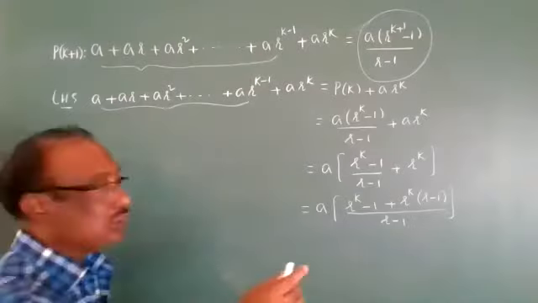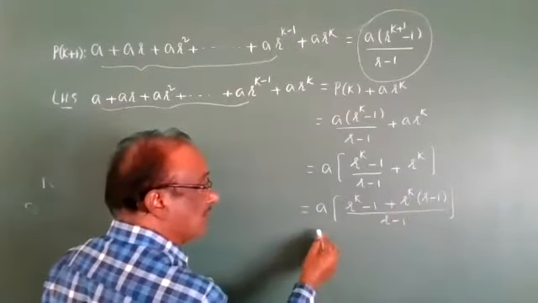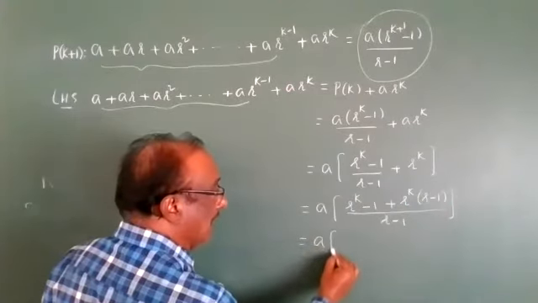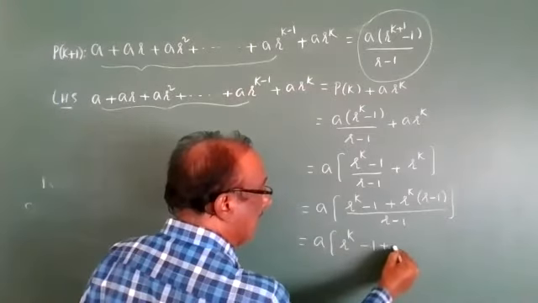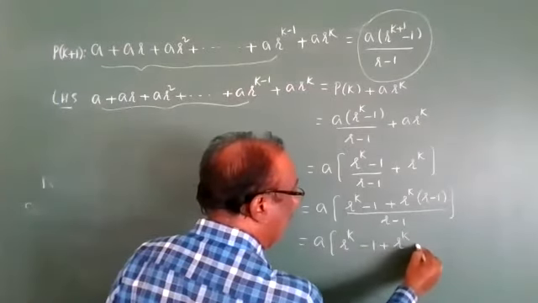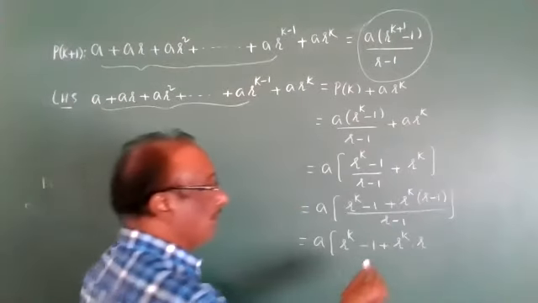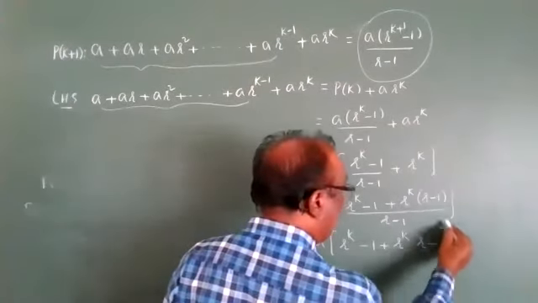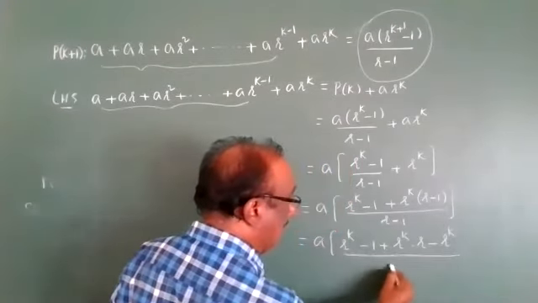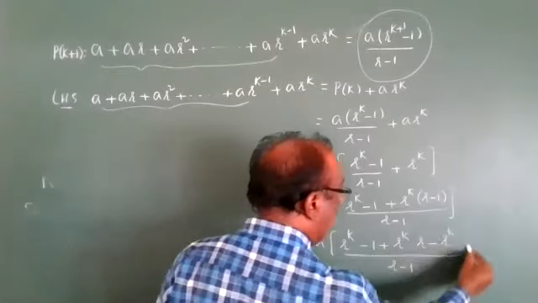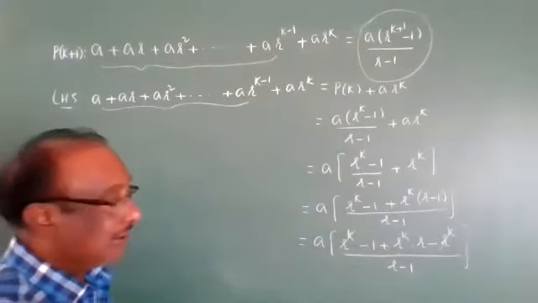Distribute r power of k for r and for minus 1 also: a into r power of k minus 1 plus r power of k into r minus r power of k into 1, that is r power of k, upon r minus 1. R power of k is cancelled.